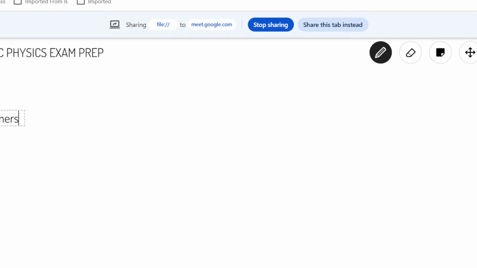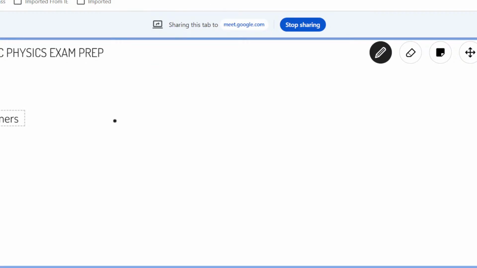Step up or step down current. Step up or step down. What's the quantity? Voltage. Alright, so voltage. In terms of the transformer equation, if you remember the equation, it helps you to remember the principle behind it.